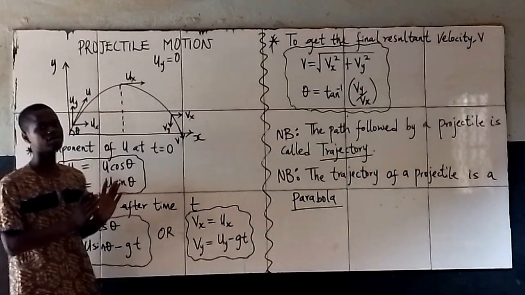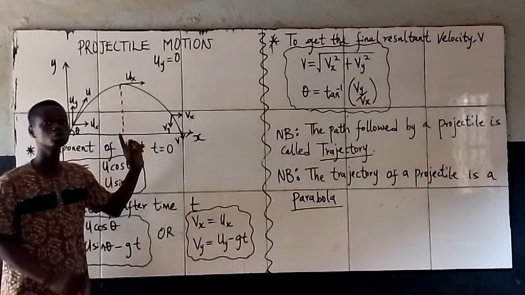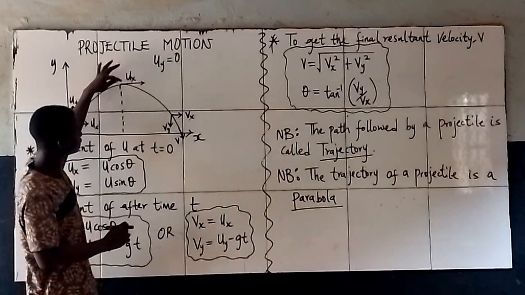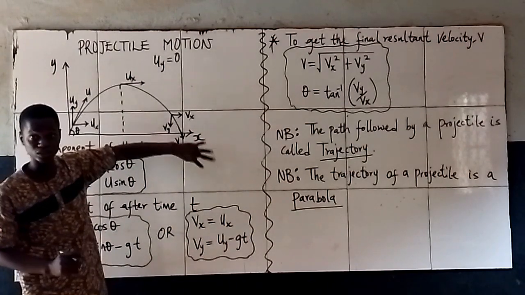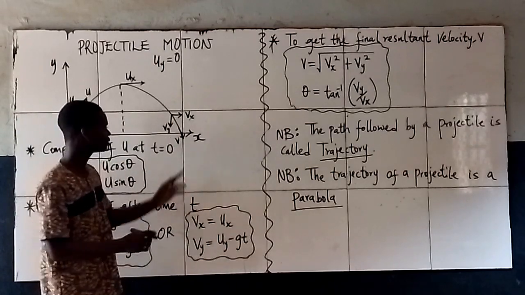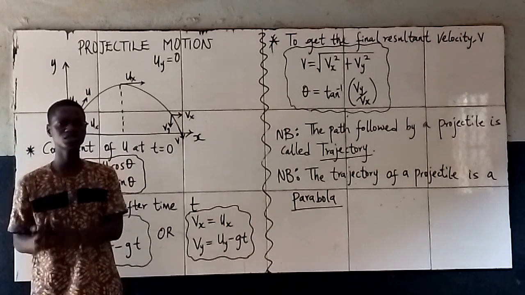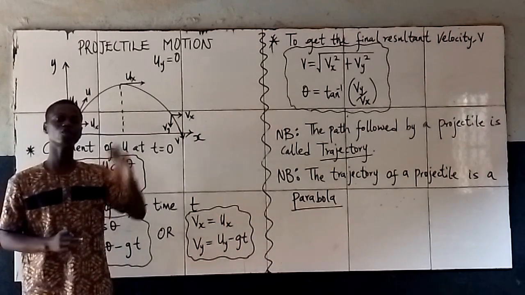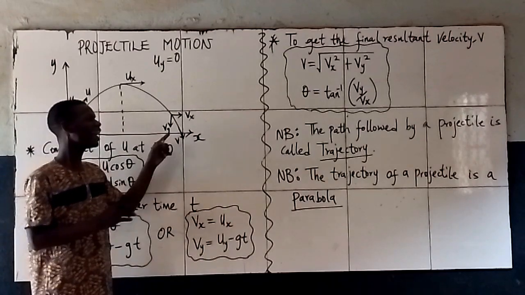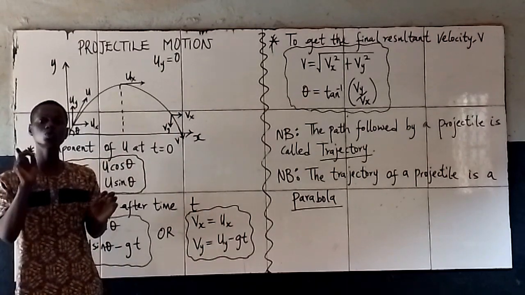Now, gravity has succeeded in overcoming the body such that the body is not able to move upward again. The body starts what? Descending. If you observe it, it starts coming downward. Is it not? Now, when it gets to this point, it now has what is called v. This v stands for the final velocity. We know that while u stands for initial velocity, v stands for what? Final velocity. And this very final velocity can also be resolved into two components.